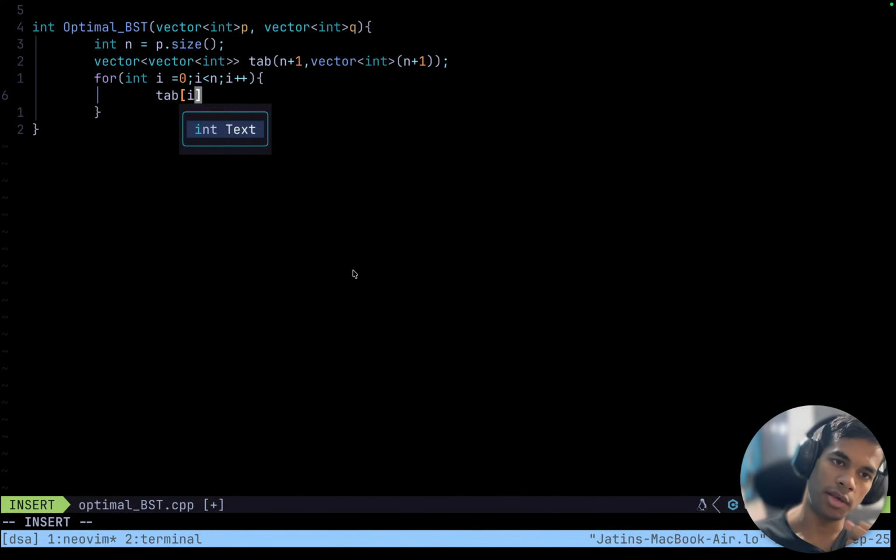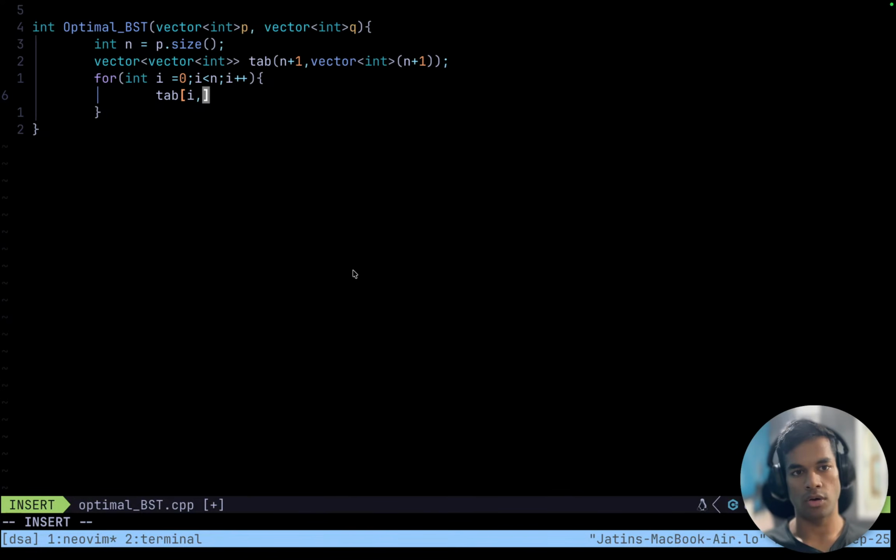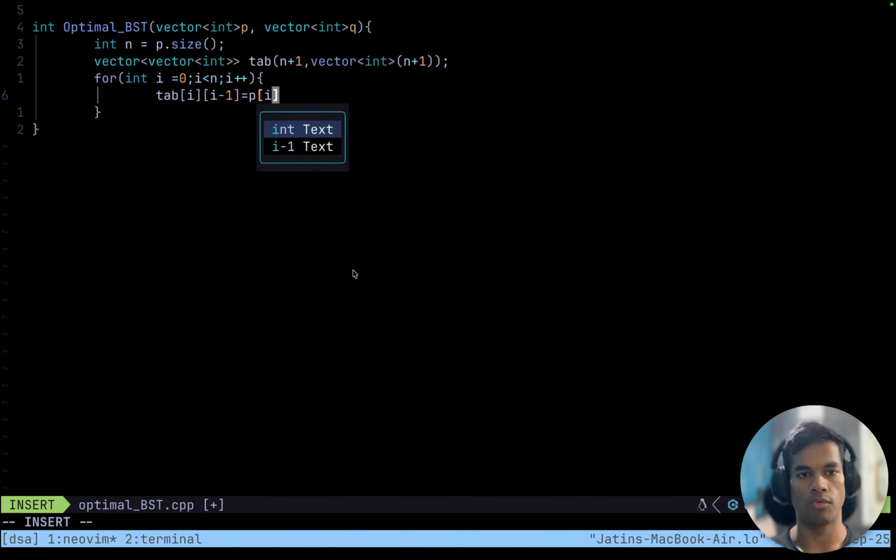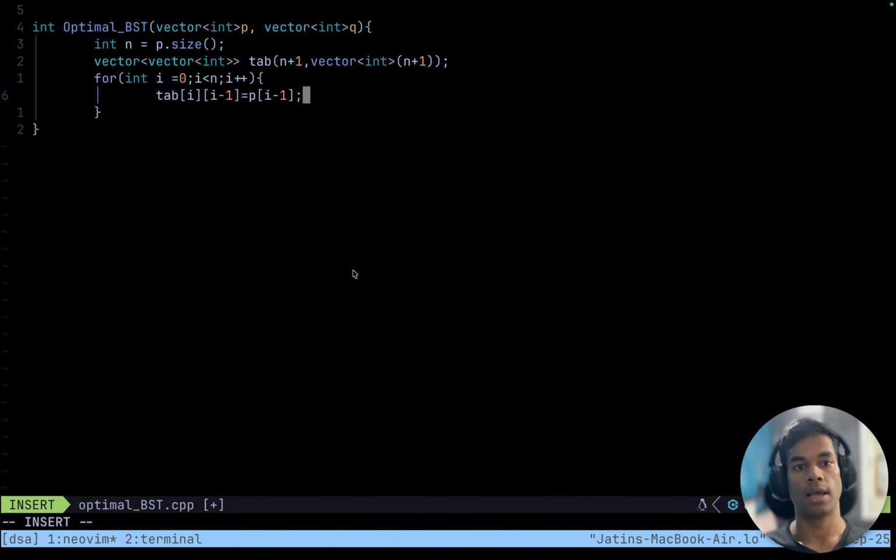So where will i be and where will j? Tab i comma i minus 1 equals probability of i minus 1 of i. So we'll have i plus 1 here and i here.